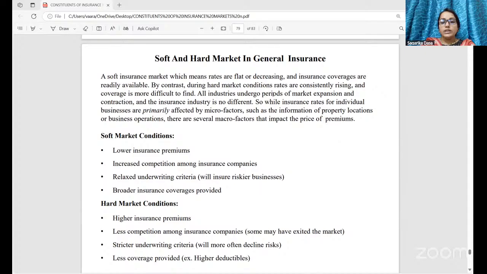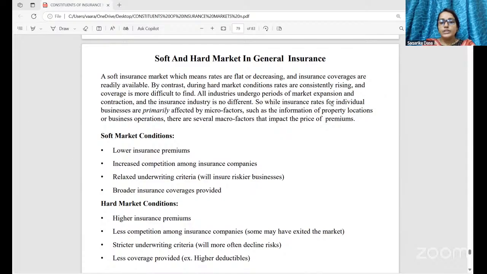All industries undergo periods of market expansion and contraction, and the insurance industry is no different. Now, general insurance policies are given for businesses or organizations or industries. When it comes to business or industry, market expansion, market contraction, boom and recession are very common. Even in the insurance industry, we can see these market periods.